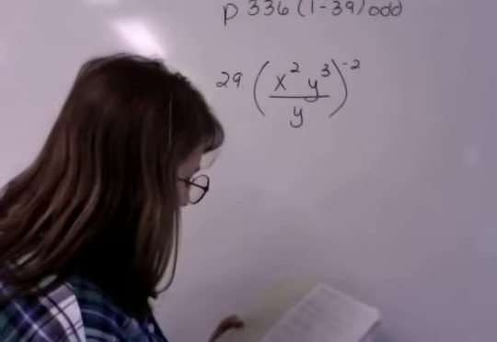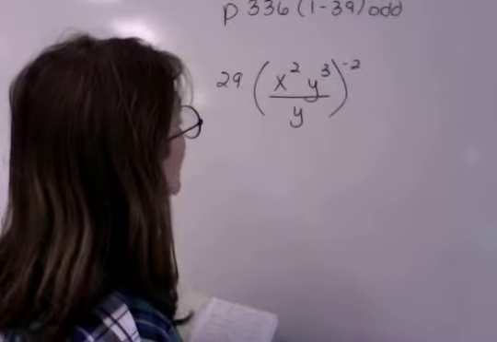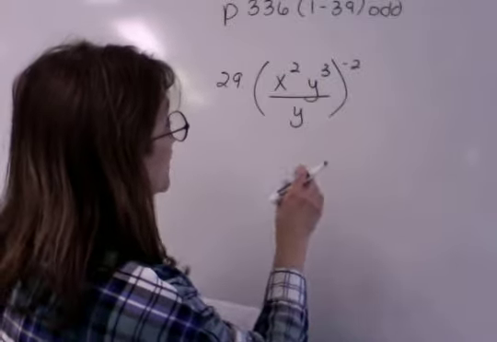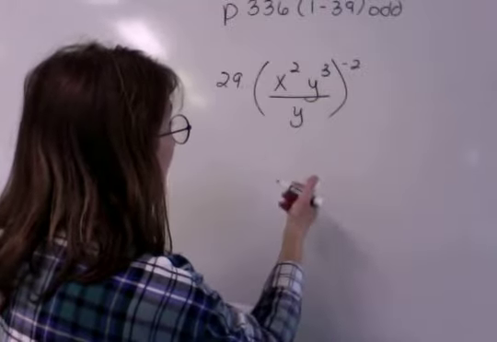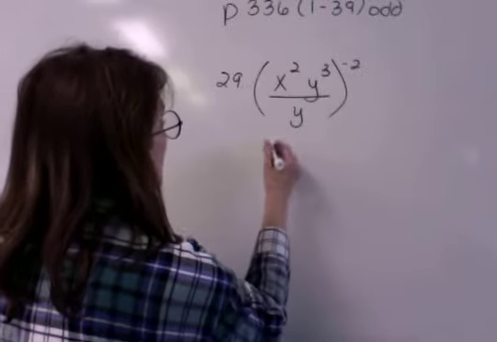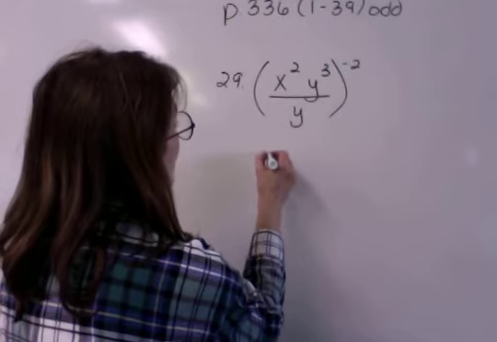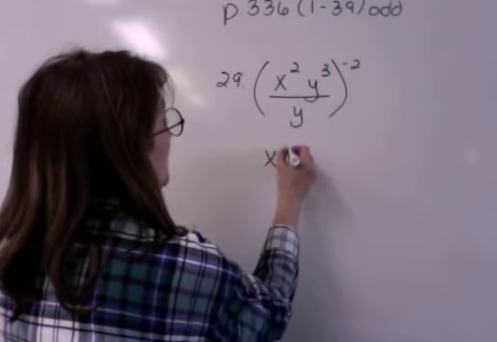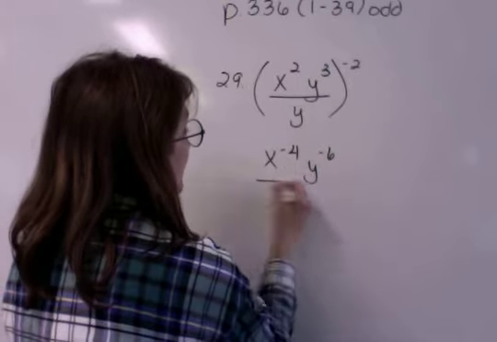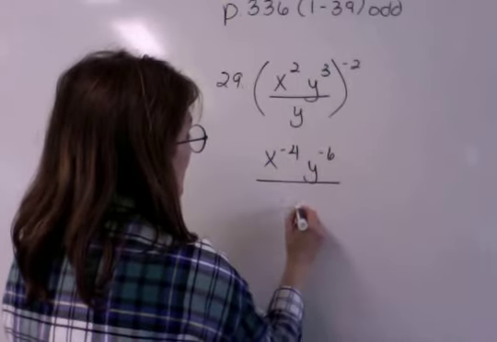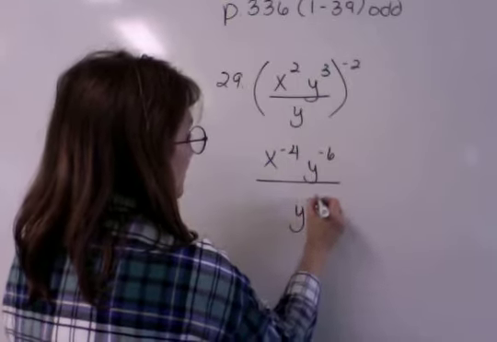What we could do first is go all the way through it and see what happens. My book doesn't do that, but we could. That was going to end up being basically negative 4. That's going to end up being a negative 6. And this little person under here is going to end up being a negative 2.